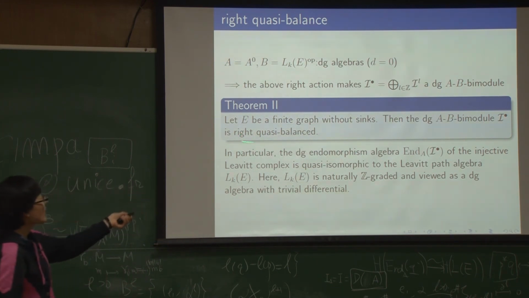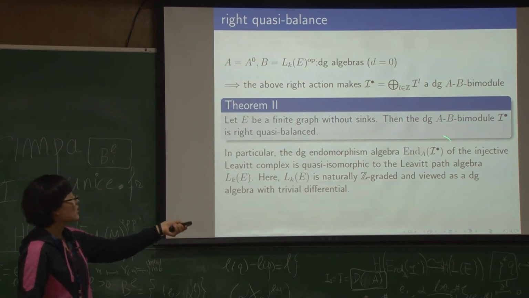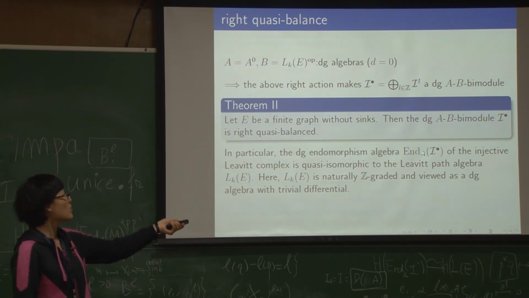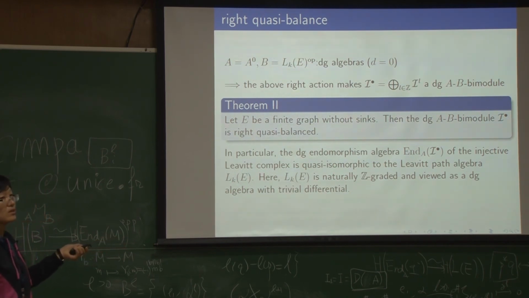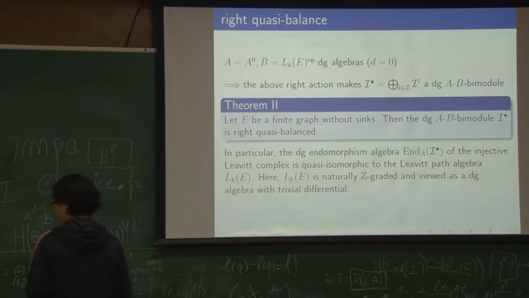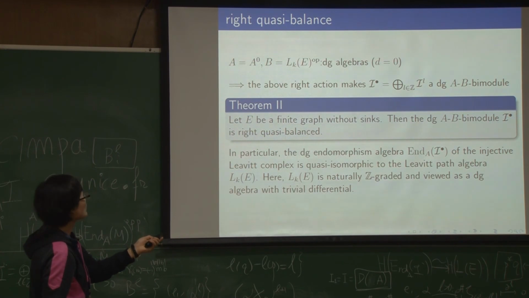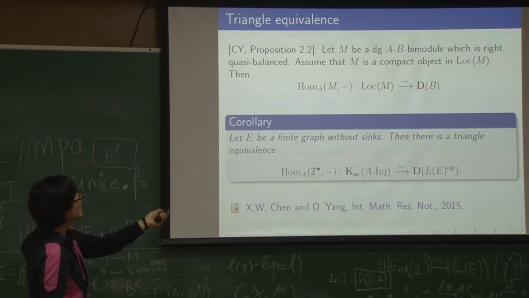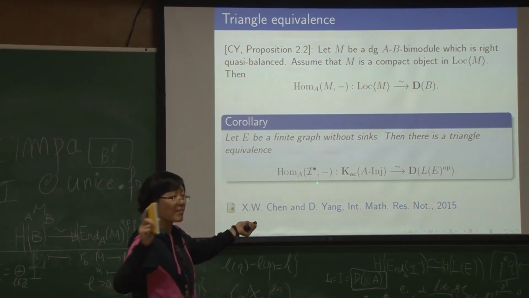From this result, we can deduce that the DG endomorphism algebra of the injective level complex is quasi-isomorphic to the level path algebra. So now we answer the other question. Now we have the triangle equivalence. Remember, before we have this, we now prove that I is quasi-balanced.